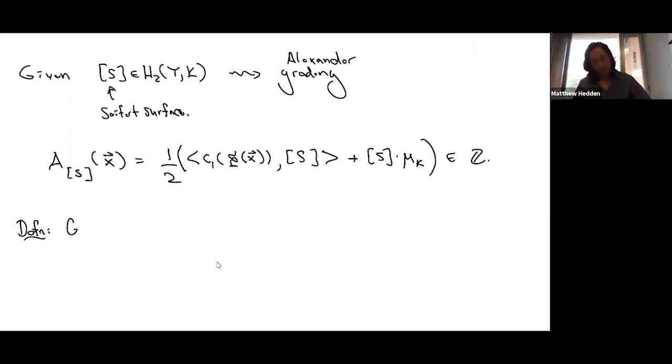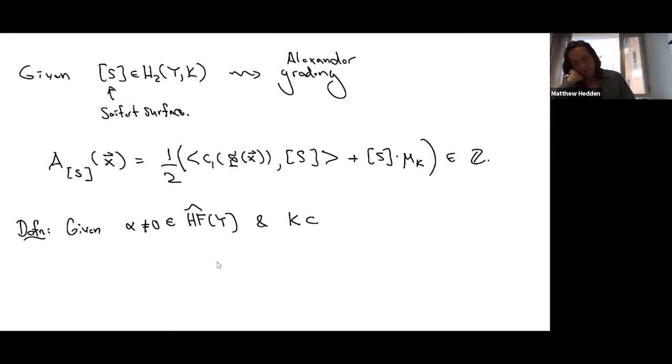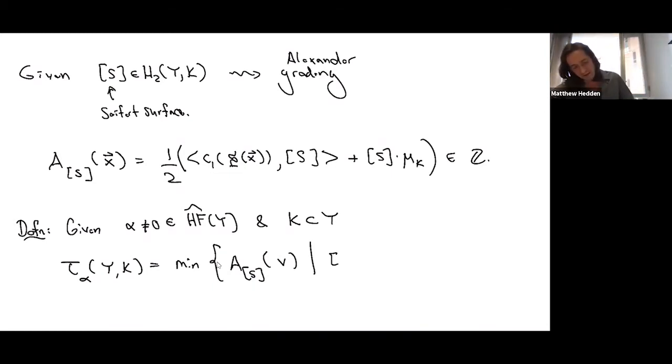So given your favorite Floer homology class, say a non-zero Floer homology class, in the Heegaard Floer homology of a 3-manifold, and a knot inside Y, I'll define tau alpha Y K to be equal to the minimum Alexander grading of any cycle representing my given class alpha. So this is now some number. Okay.